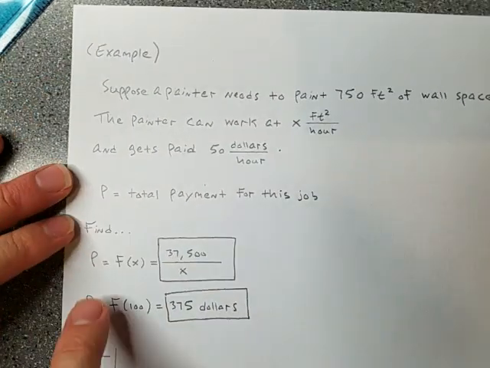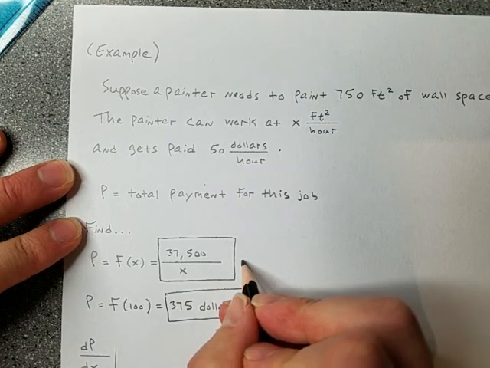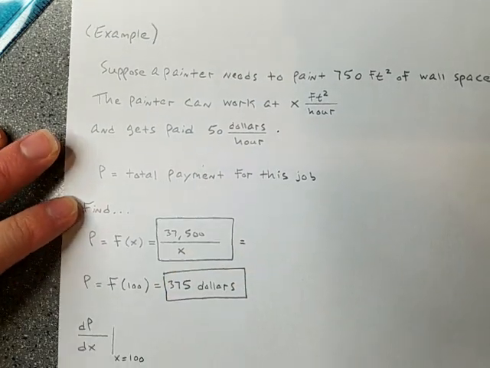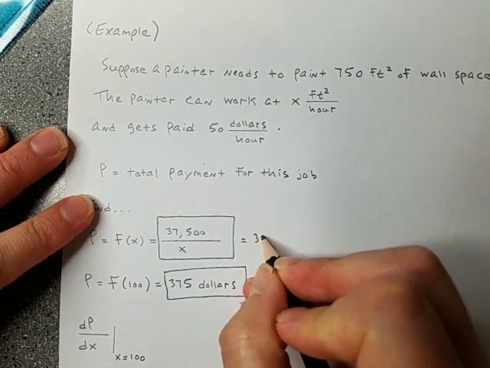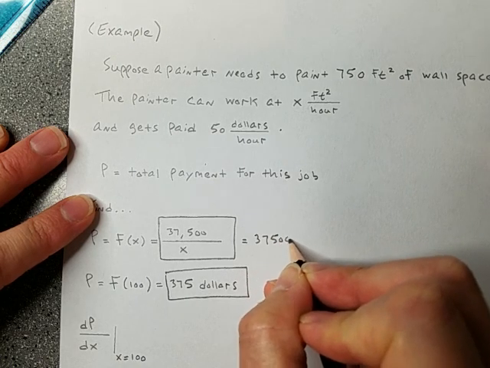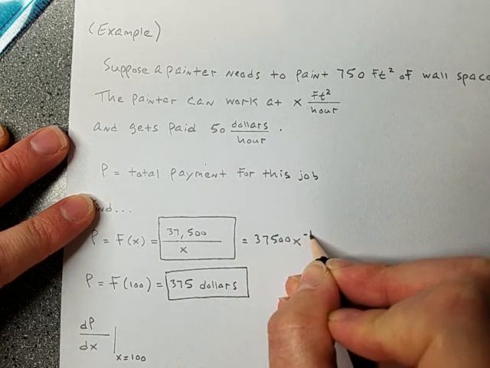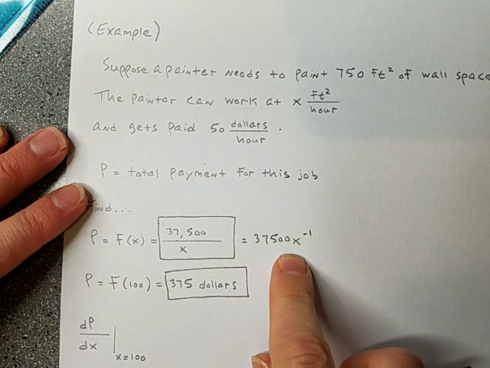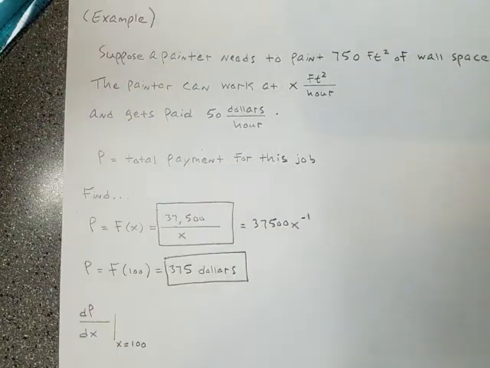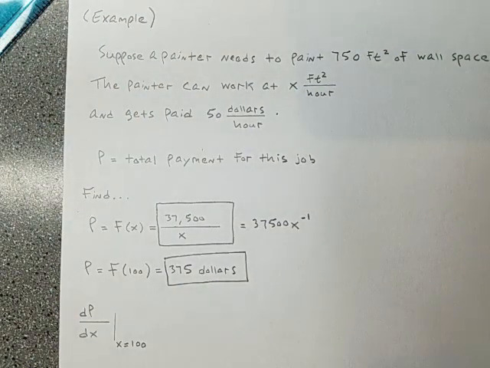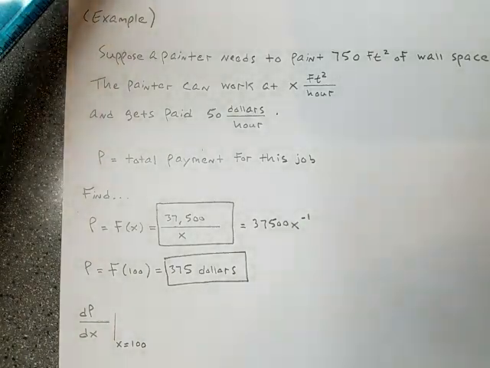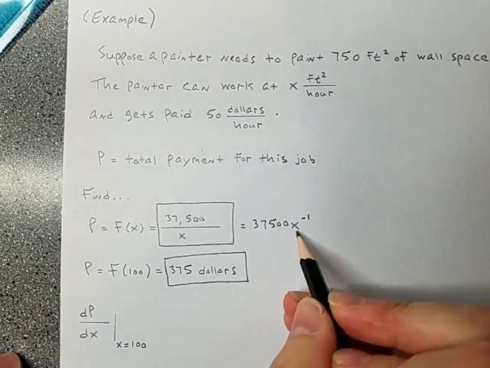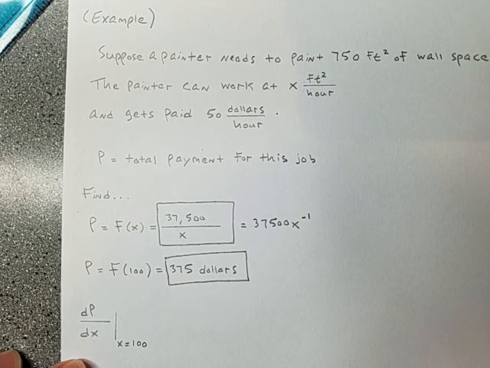To find the derivative dP over dx, I'm going to write this function a little bit different. When I had in other videos taught you how to calculate derivatives, then I usually wrote the functions in very specific ways so that the rules would apply to them. So instead of having 37,500 over x, I'll say 37,500 times x to the minus 1 power.